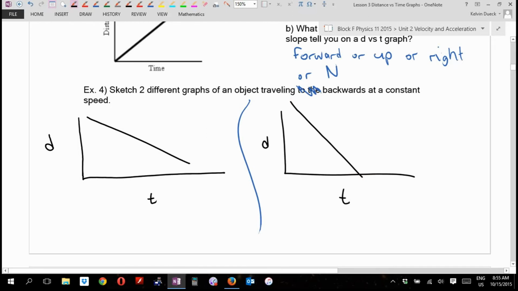In fact, if I did this, I would say, oh, right here, it came back to where it started from, but it kept going, and now it's receding off into the distance behind me. A lot of information in that little picture right there. Okay? So the slope tells you the velocity or the speed, and as long as it's the distance versus time graph, we can make some kind of a direction conclusion.